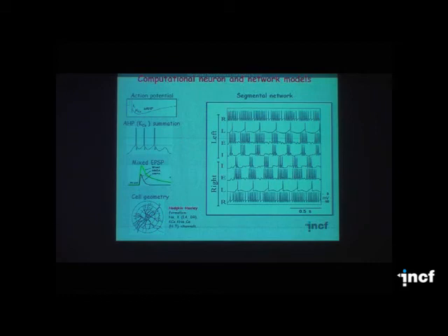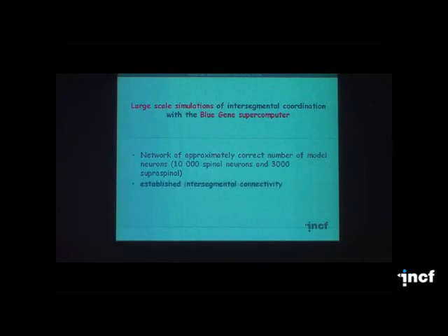Now this is what happens on the single cell level, but in reality we have 100 segments that produce swimming movements of this creature. And we've recently used large-scale simulations with about 10,000 Hodgkin-Huxley neurons with several compartments, 86, with the approximate segmental connectivity, and a fair number of synapses.